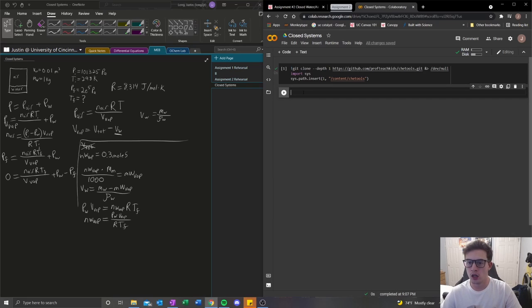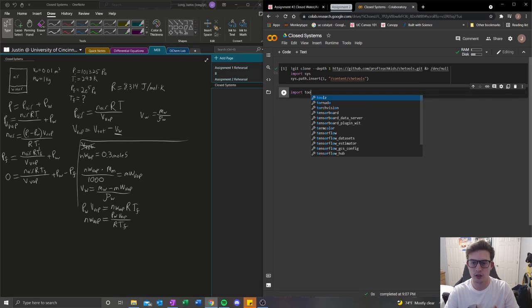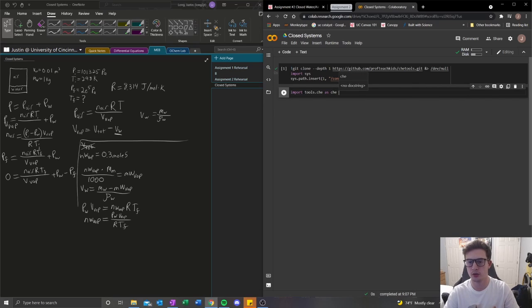So first thing I'm going to do is import the toolbox, tools. What this will let us do is make it so I don't have to type tools.che every time. I'll just make it CHE, which is a little faster.